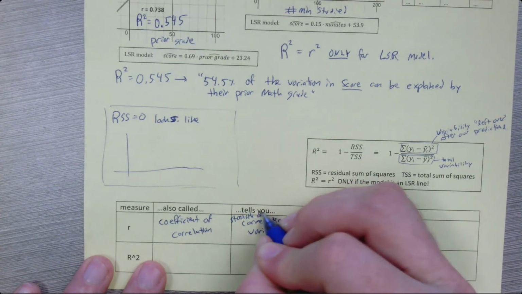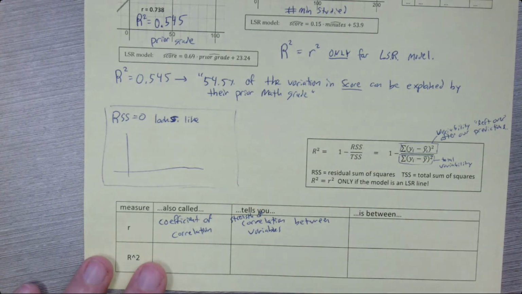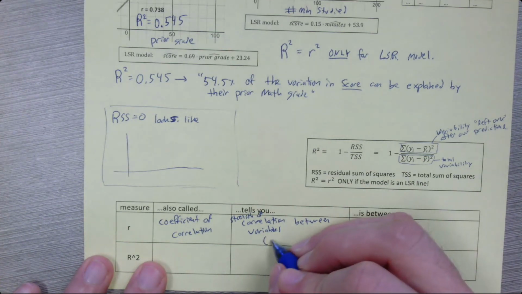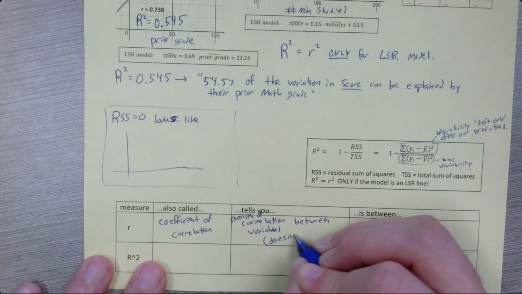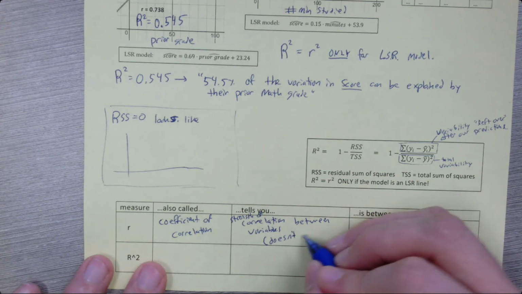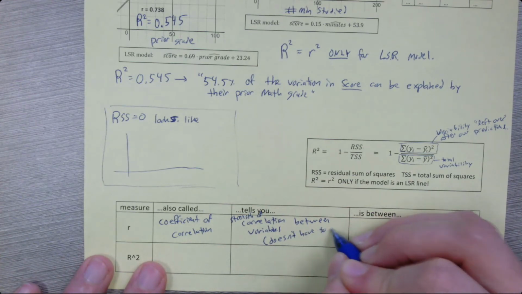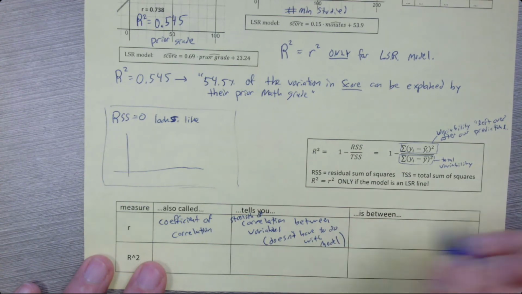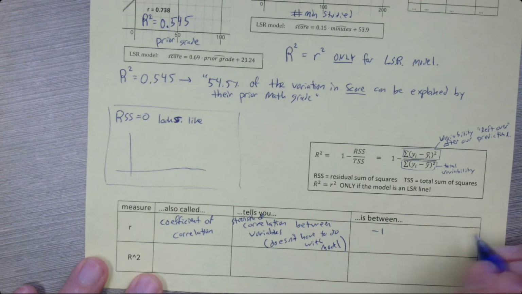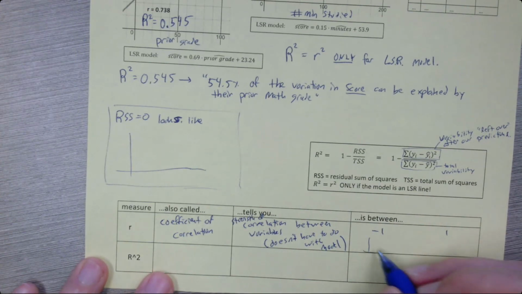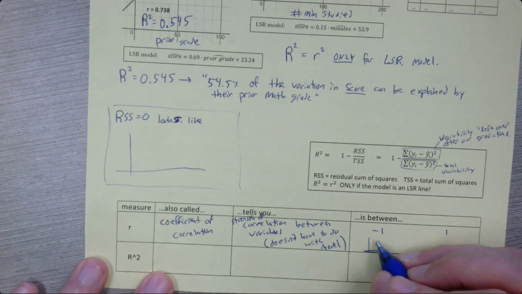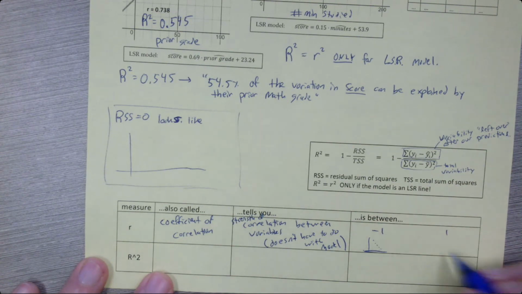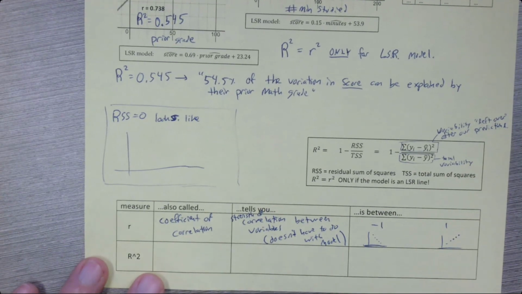So strength of correlation between variables. This doesn't have anything to do with the model. Okay, and it's between -1 and +1, and hopefully you remember -1 would mean some kind of perfect inverse relationship, and +1 would be some type of perfect positive relationship.